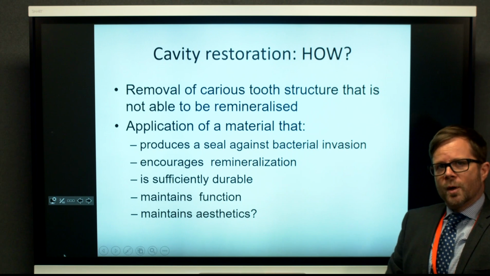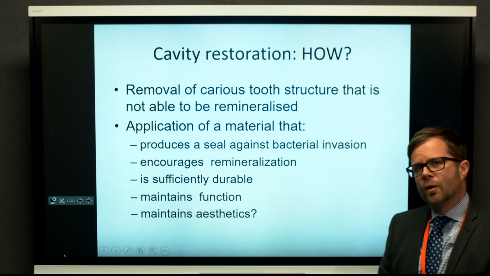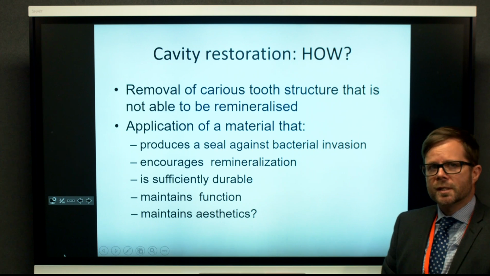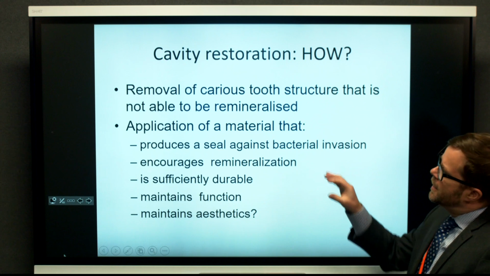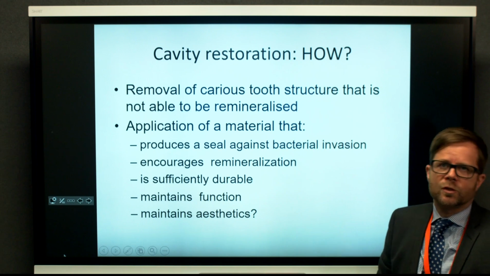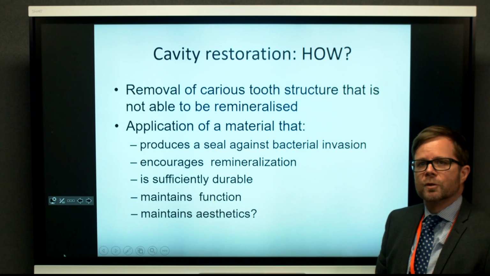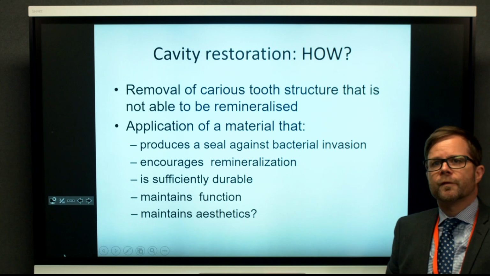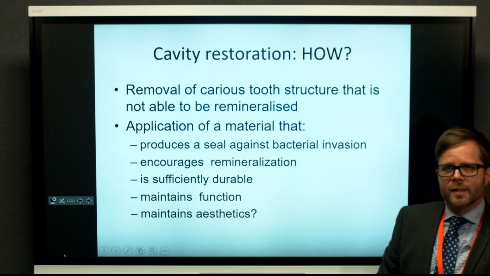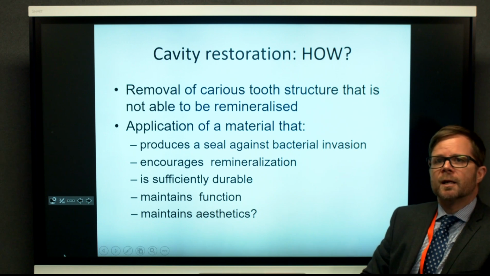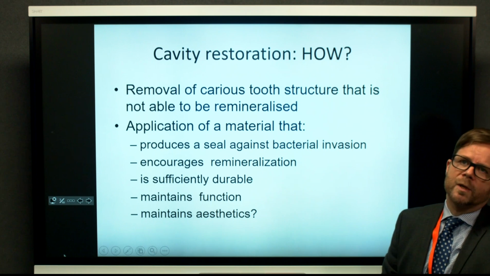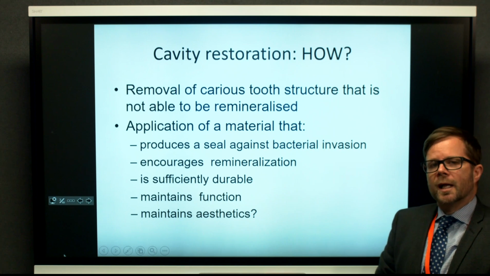When we think about how we restore teeth or place restorations, basically there's two stages. There's the removal of carious or destroyed tooth structure that we're not able to remineralize. It's not strong enough to stay in place, and if we do leave it in place, it will undermine the integrity of the restoration, or it will allow the carious process to continue.